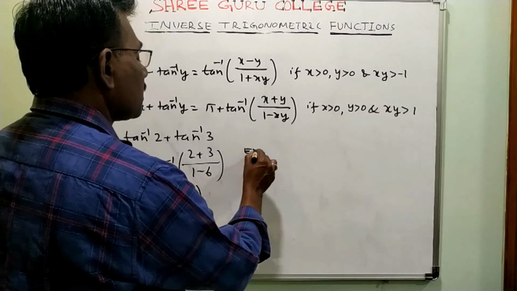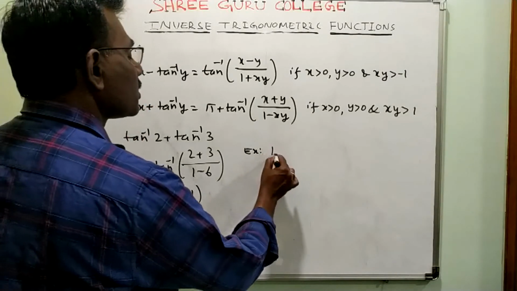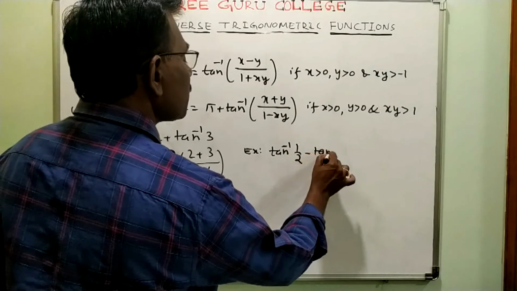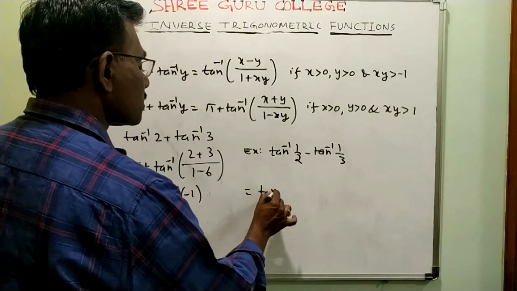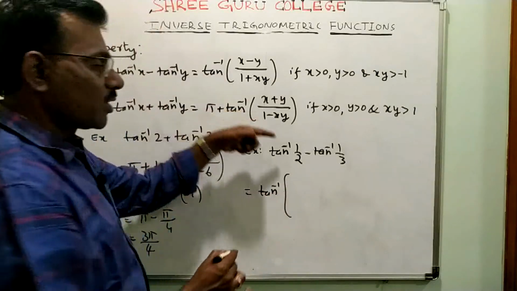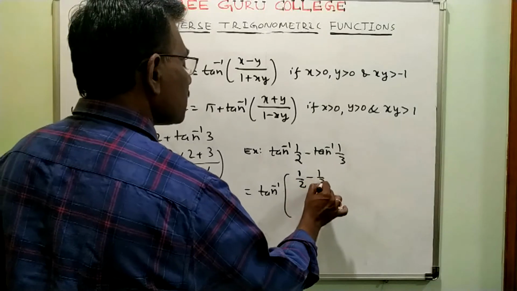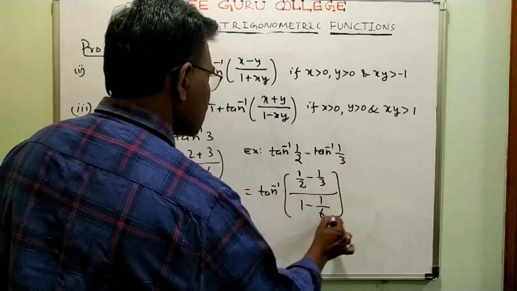And another example: tan inverse of 1 by 2 minus tan inverse of 1 by 3. Using tan inverse of (x minus y) by (1 plus xy), we get (1 by 2 minus 1 by 3) divided by (1 plus 1 by 6).